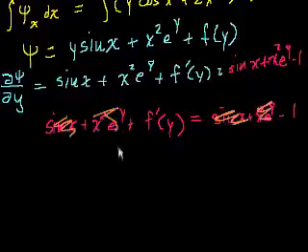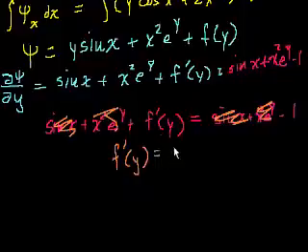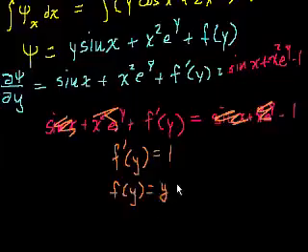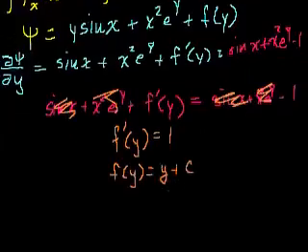And then what are we left with? We're left with f prime of y is equal to 1, and then f of y is equal to y plus some constant c. So, what is our xi now?